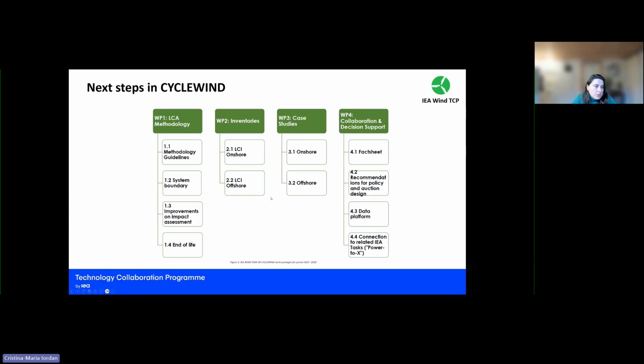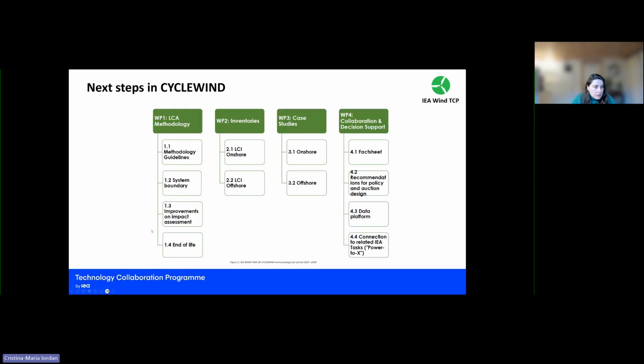Now, if we take a closer look at specific activities we are carrying out in work package 1, this year we are aiming to finalize the first version of the methodology guidelines. We plan to finalize the system boundary report by next month, and the impact assessment and end-of-life reports are also currently in progress.